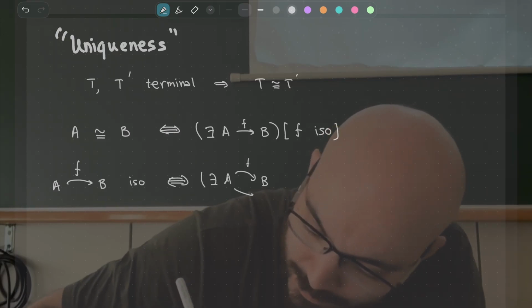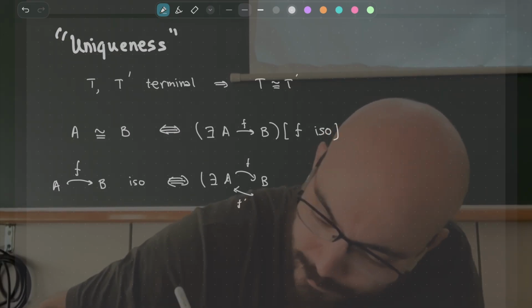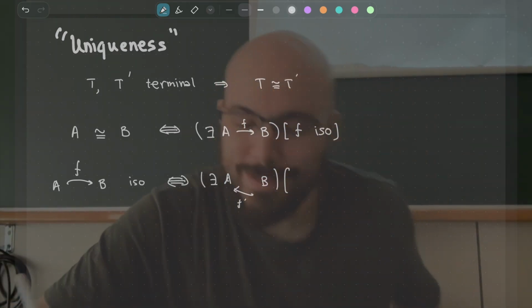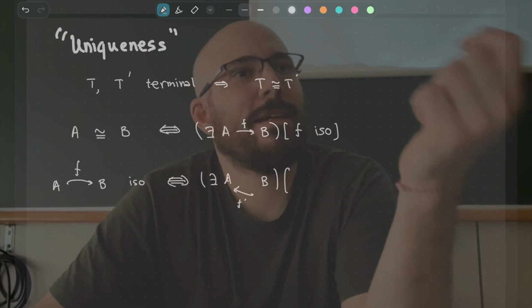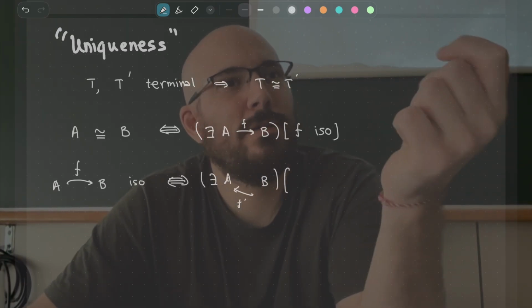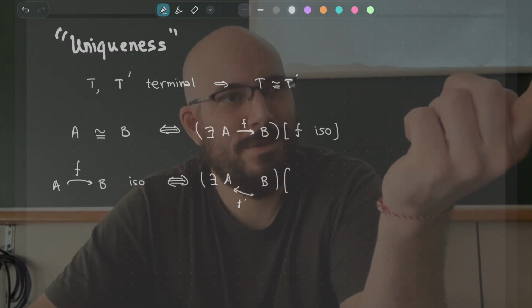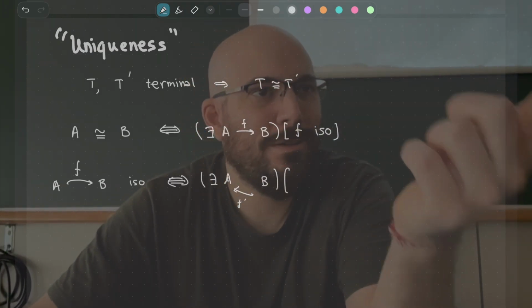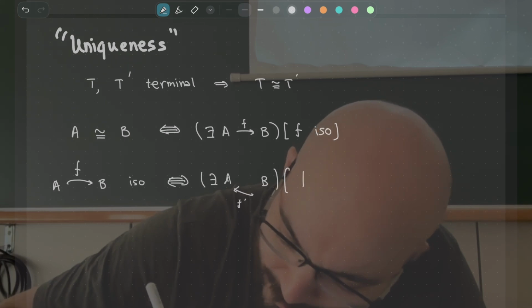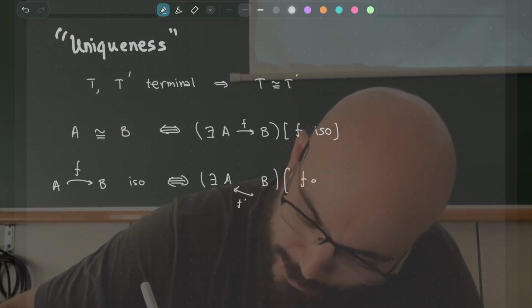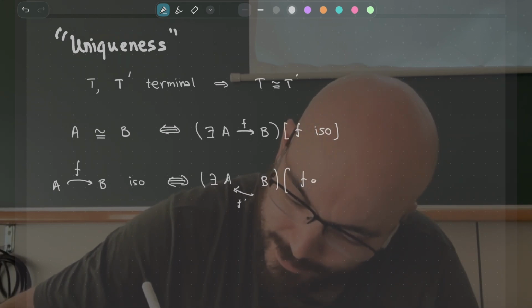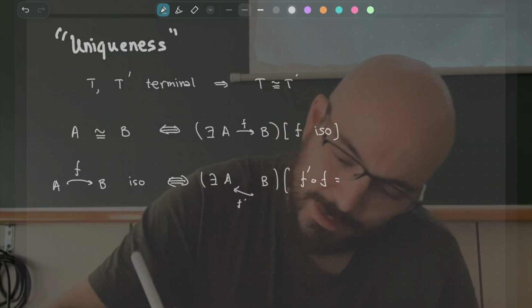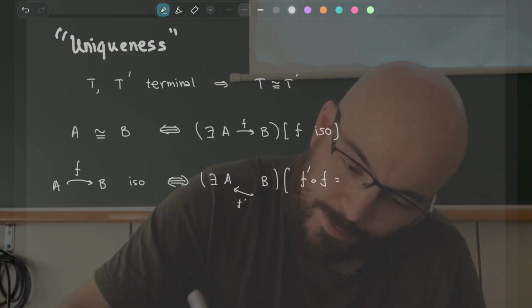There exists an F prime, sorry for the mess, such that, and now the idea is the following. F of F prime equals, not A, the identity of A. Okay, and I think you flipped it. So it's F prime of F is equal, because you see this is the F prime.